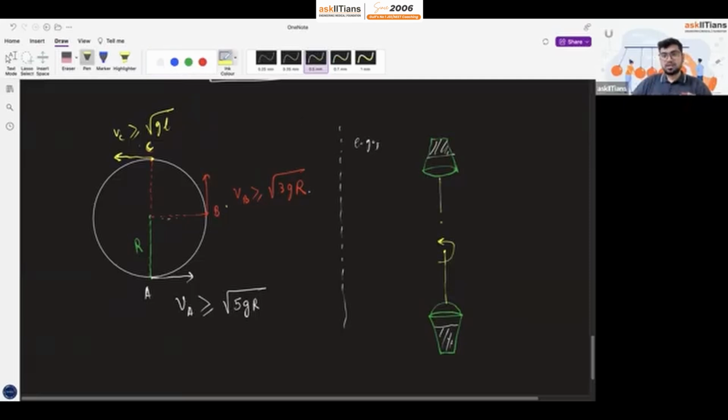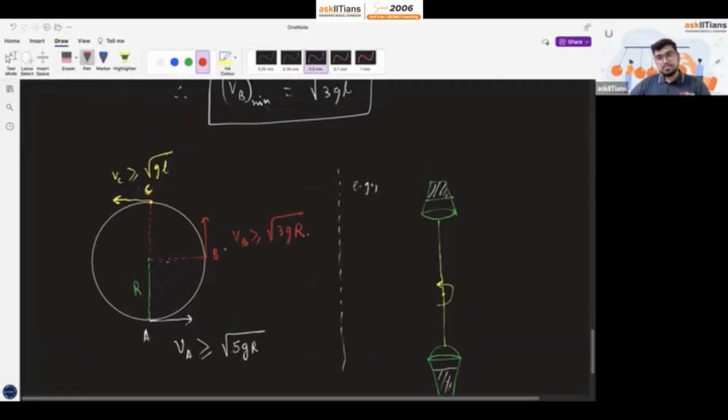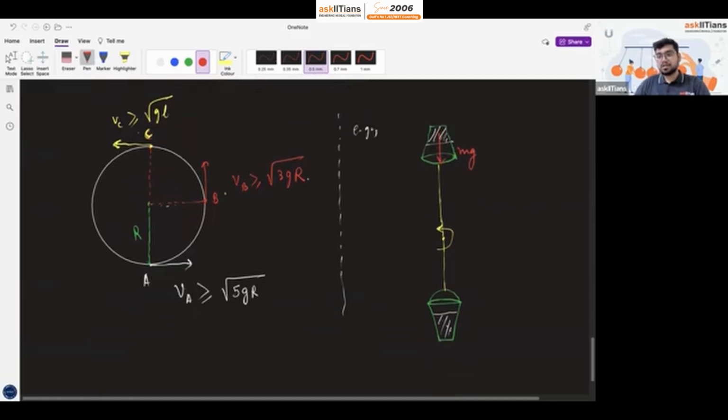So let's talk about it with respect to the bucket's frame, which is the pseudo-force frame. If you analyze the forces, you will find that there is definitely mg acting on the water. Let's say the mass of the water is m.